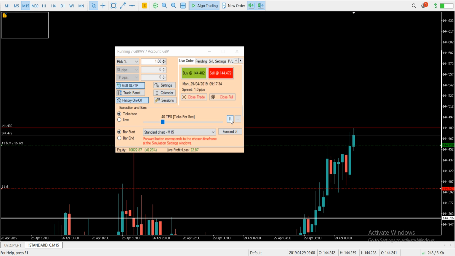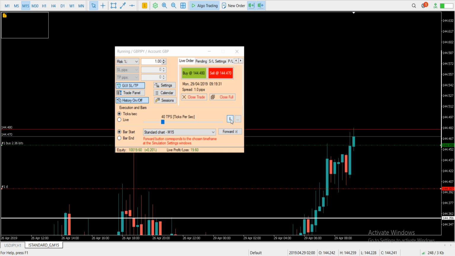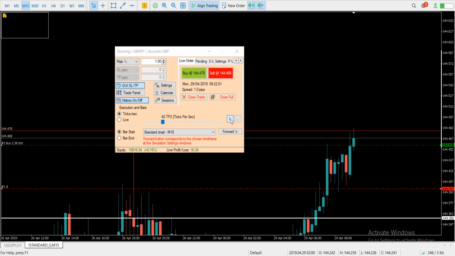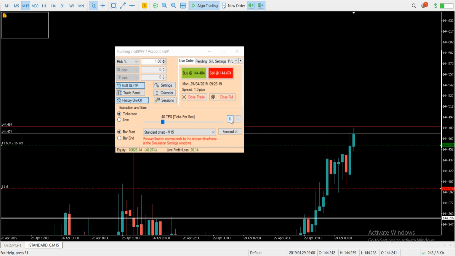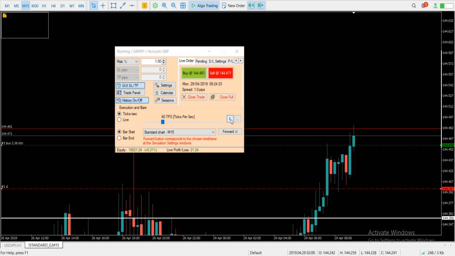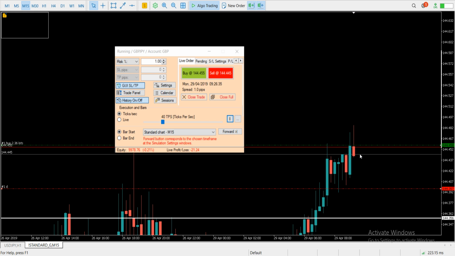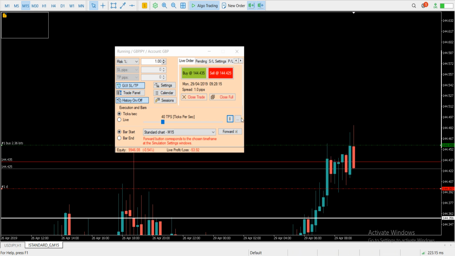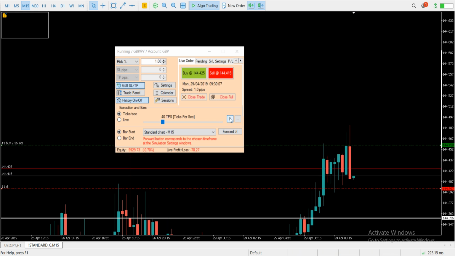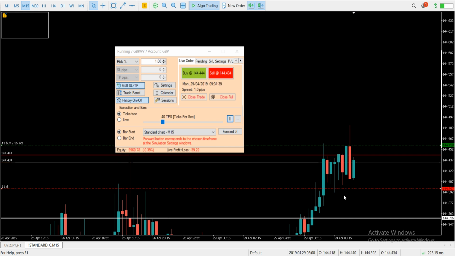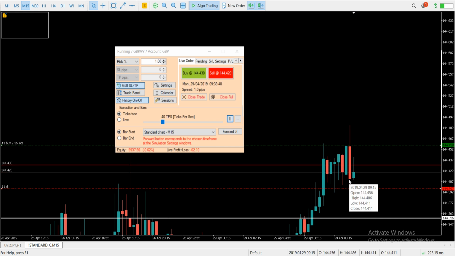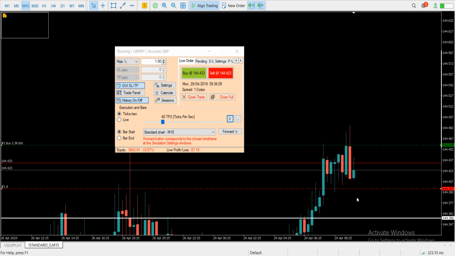Okay, we are pushing up. Look at the spread, it's too wide. Candle closed with no bottom wick. That means there's a very less chance that this candle will go down.